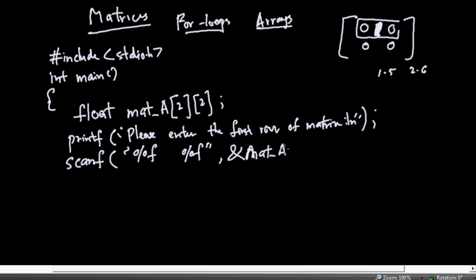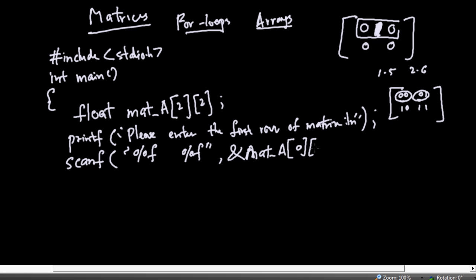matrix A. Okay, now as a small review, remember the coordinates 0 0, 0 1, 1 0, 1 1. So you'll be having 1 here and 1 here. So obviously the person that enters the first number will go into this part of the matrix.